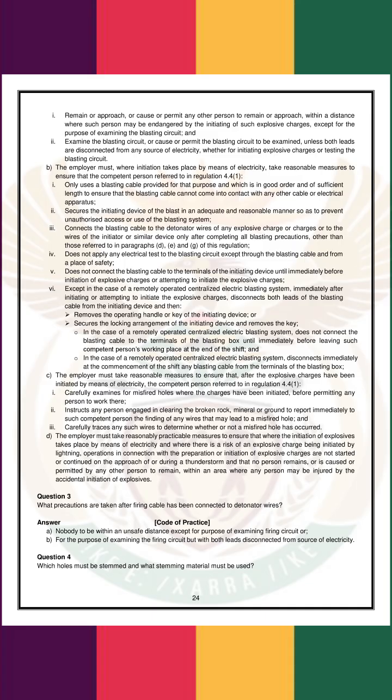Secures the initiating device of the blast in an adequate and reasonable manner so as to prevent unauthorized access or use of the blasting system. 3. Connects the blasting cable to the detonator wires of any explosive charge or charges or to the wires of the initiator or similar device only after completing all blasting precautions, other than those referred to in paragraphs D, E, and G of this regulation.